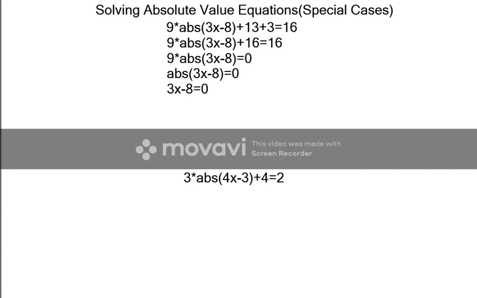In theory, the other equation would be negative 3x minus 8 equals negative 0. But negative 0 is the same thing as 0. So they're both the exact same equation, which will yield the same exact result. So we only need one equation. And so then we have 3x equals 8 and x equals 8 over 3.